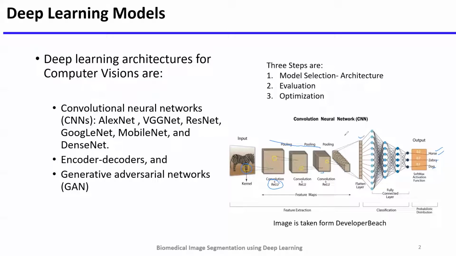Before deep learning, we used to do this part using many feature engineering techniques. But the advantage of deep learning is that all these feature extractions, or embeddings, we can achieve through the network itself. So this is the architecture search, the first important component in deep learning models. Then we need an evaluation technique.